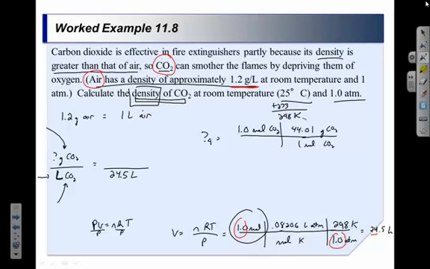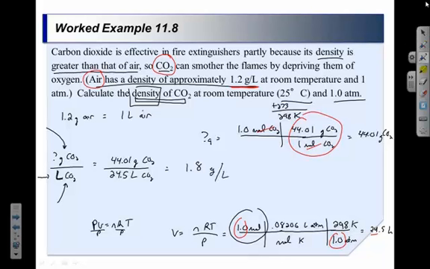So the relationship between grams and moles for a substance comes from the periodic table. So that allows me to cancel the moles. And if I did have 1 mole of CO2, it would be 44.01 grams of CO2. Plug that in here. And I get 1.8 grams per liter.